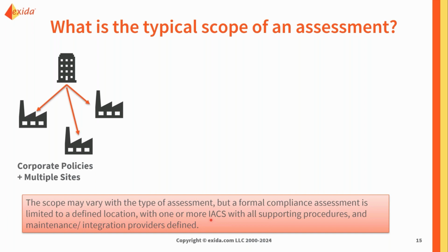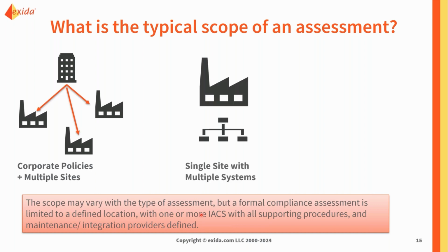So the scope for that assessment might be both the corporate office, what do we say we do, as well as a sampling of sites to see how well that lines up with what the organization is doing. That can be really helpful for getting an idea of how well implemented or rolled out our security practices are. We could also see that the assessment is a single site with multiple systems clearly defined.